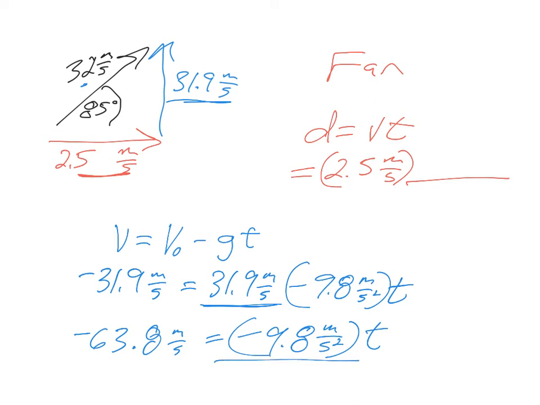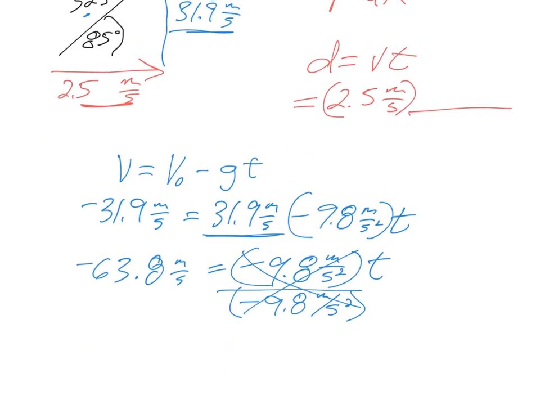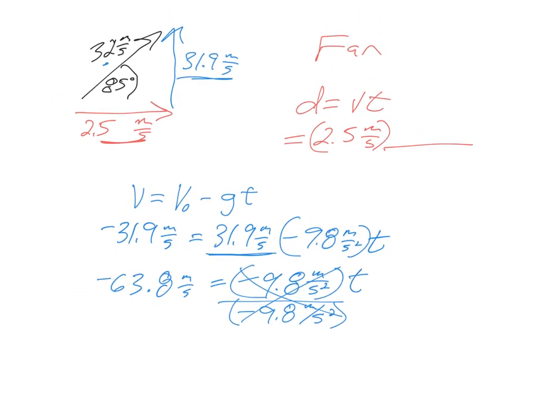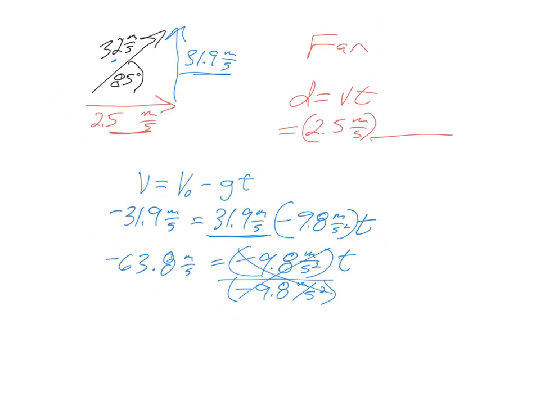How do you get time all by itself? We are going to divide both sides by 9.8. And what I do to one side, I have to do to the other. Look at that.